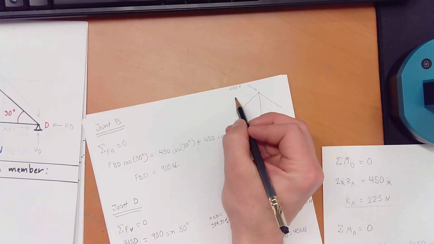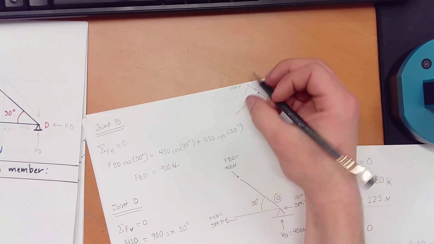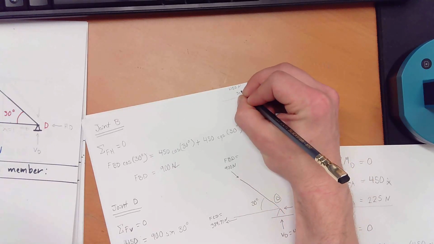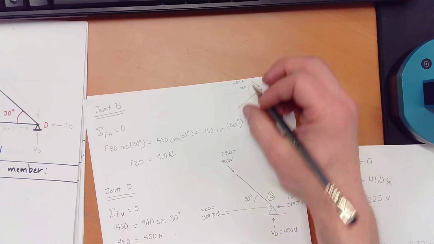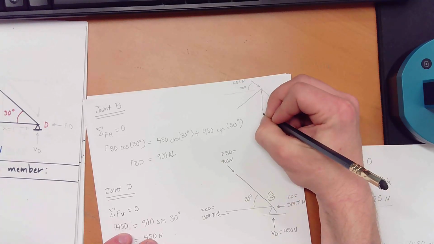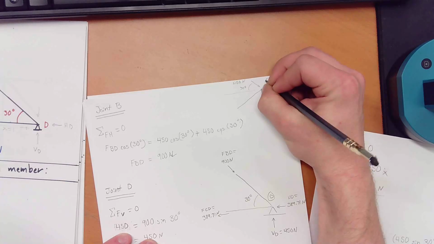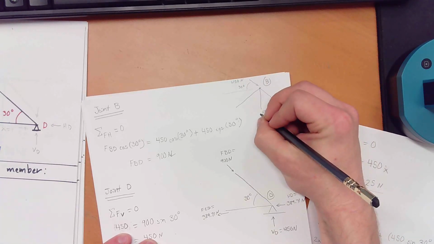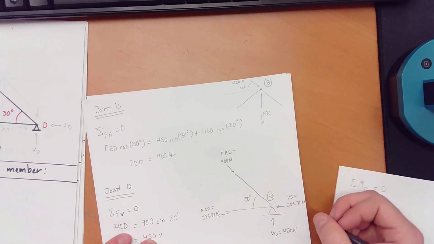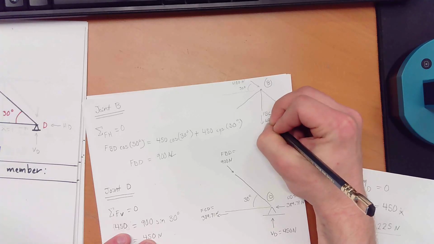From a horizontal plane here, we have an angle theta of 30 degrees. FBC, this is point B, is pulling down in 450 newtons.